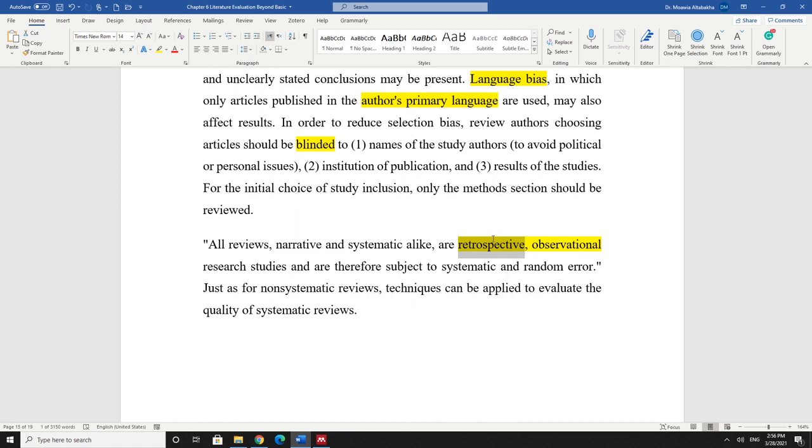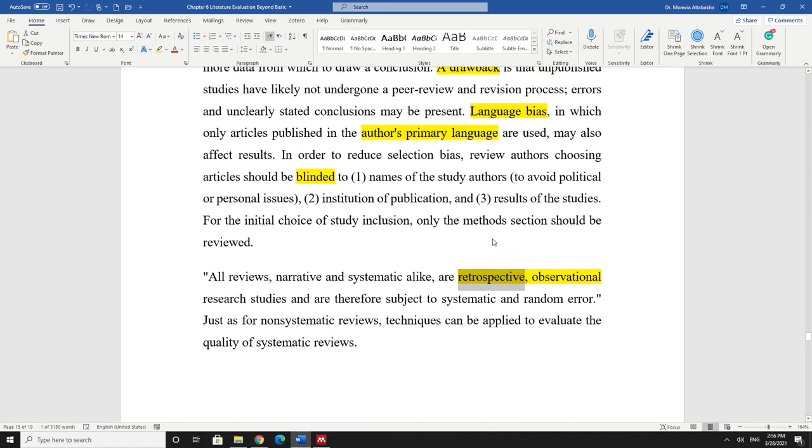What they say is that this literature can affect the results and has not been peer reviewed. You don't know whether these data are accurate. So there is controversy about it.